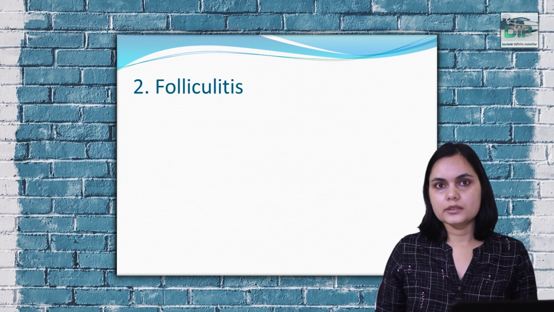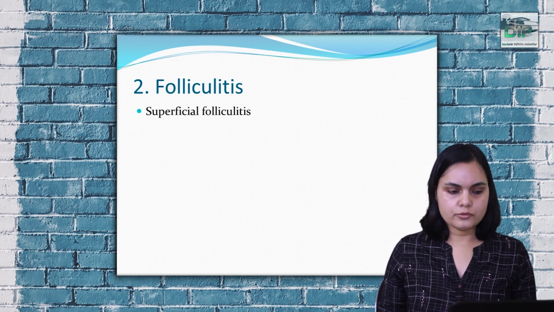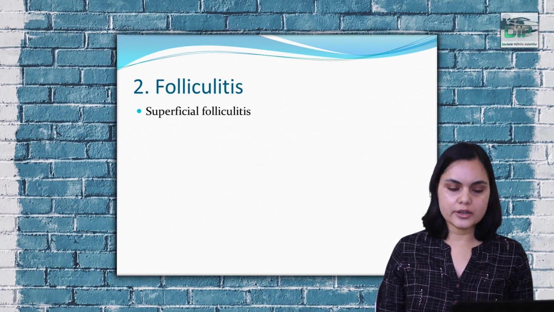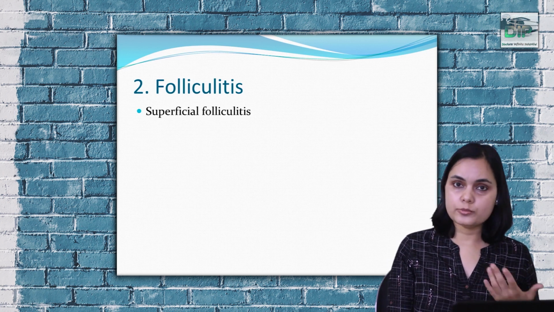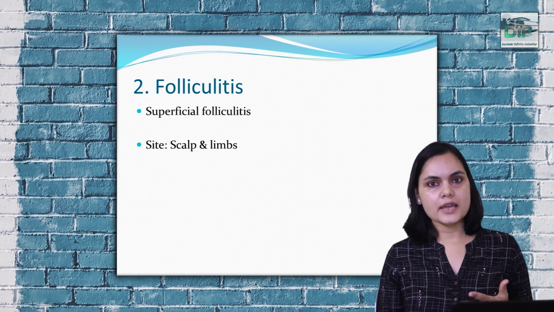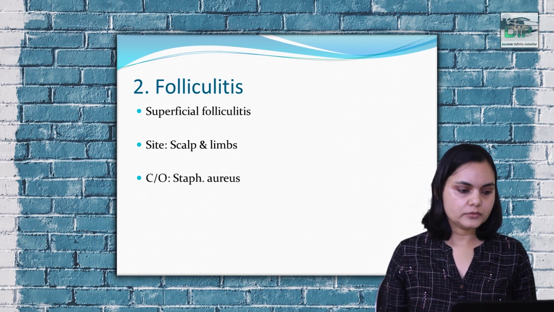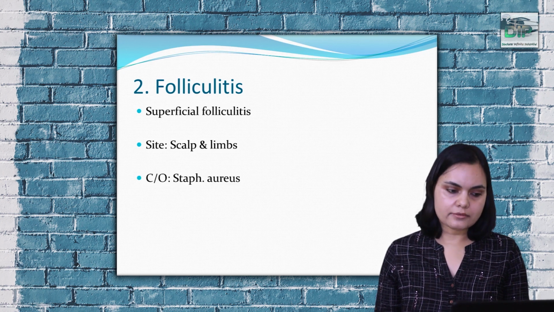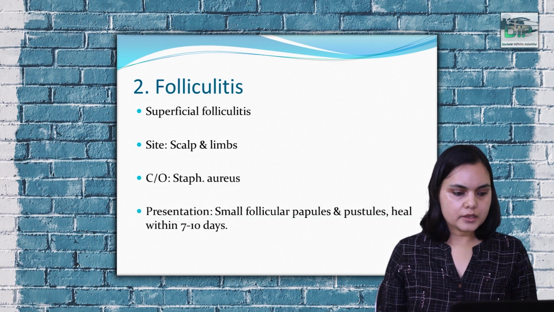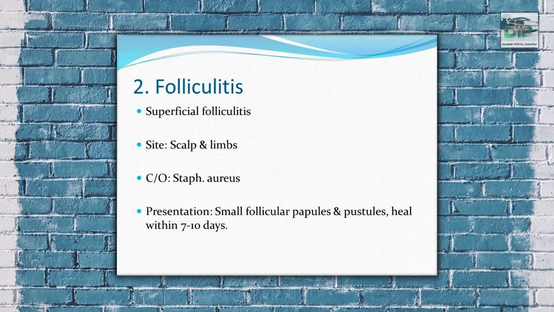Now another most common condition is folliculitis. In folliculitis also, in children, we mostly encounter superficial folliculitis. The most common site of involvement is scalp and limbs. The causative organism is Staphylococcus aureus. It presents with small follicular papules and pustules which heal within 7 to 10 days.